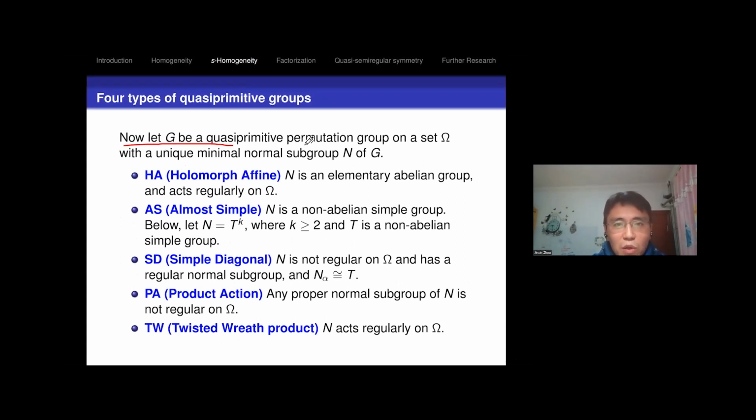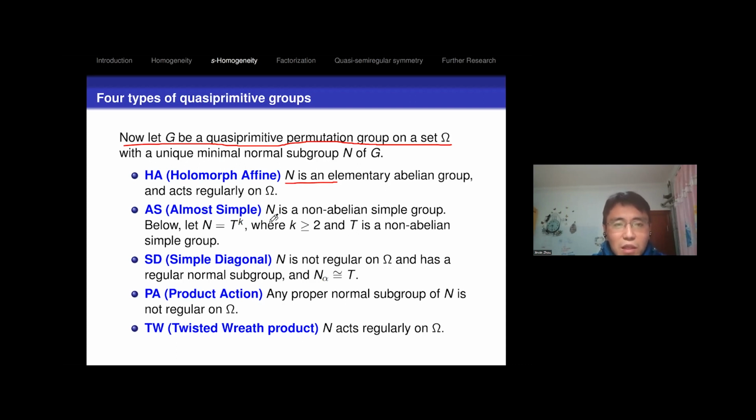Let G be a quasi-primitive permutation group on a set omega with a unique minimal normal subgroup N of G. If N is an elementary abelian group and acts regularly on omega, then we say G is of type HA, holomorphic affine. In this case, G is also primitive on omega.